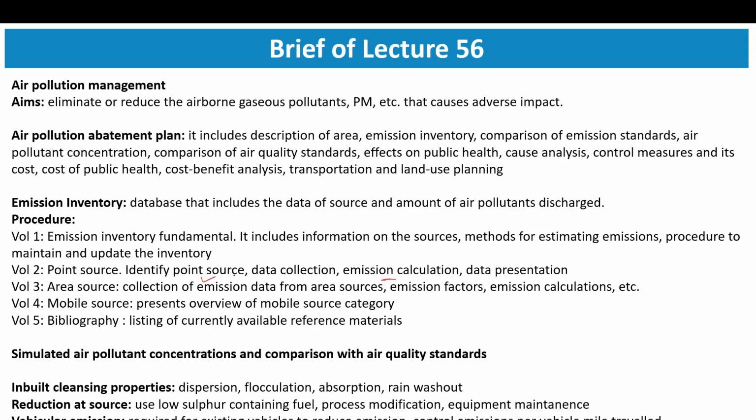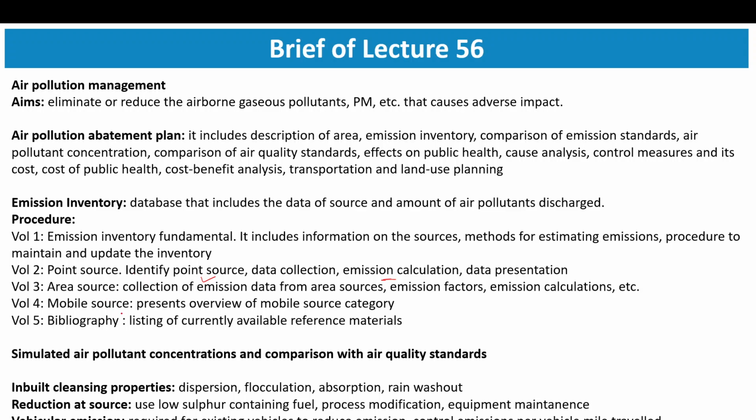Then there could be some area source, right? So from a particular area, if you are getting the emission, then that is nothing but area source. And similar emission factors, calculations, data analysis, all of it is done for area source, which comes under volume 3.